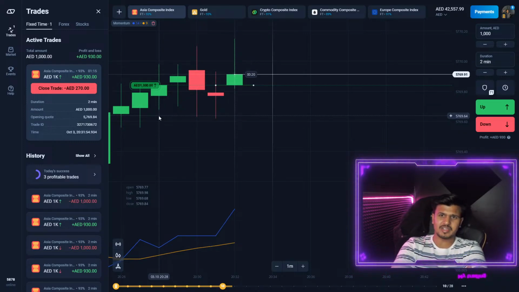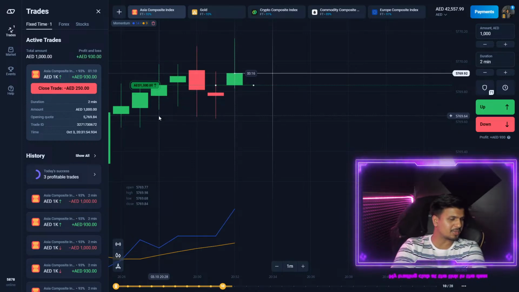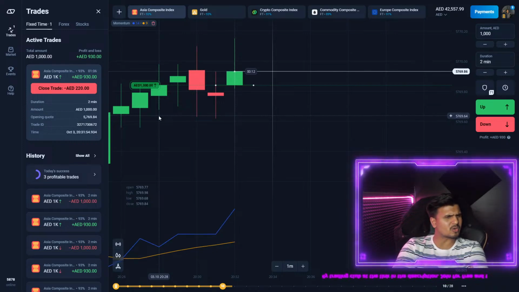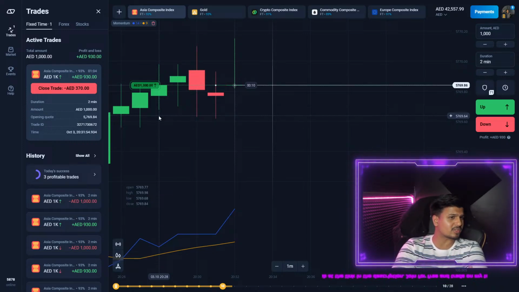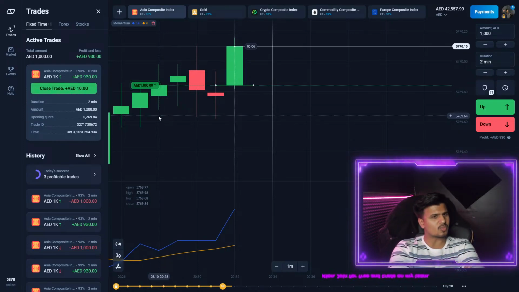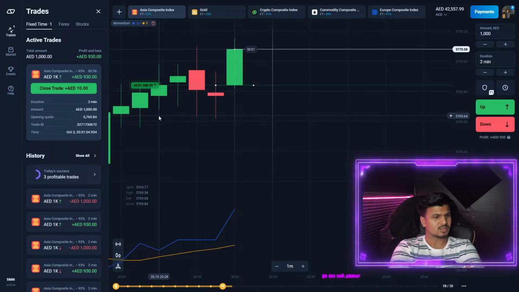So guys, this will continue like this. If I get the profit here, then it will recover the previous trade which I lost. Whenever you are getting a huge amount or a minimum amount of profit, then you don't need to make further trades. You have to just stop yourself to avoid losses.